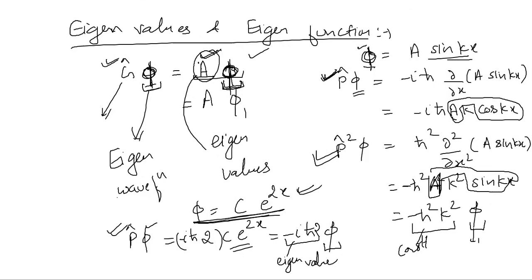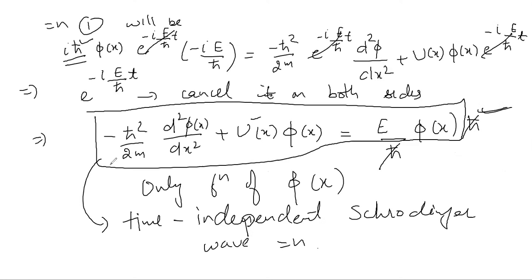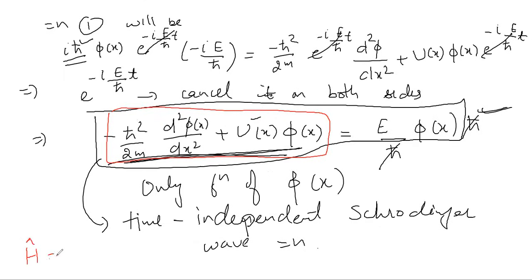Now let's talk about something we said. If you go to the previous slide and look at the left hand side portion here, this is called your Hamiltonian operator, which is going to be given by this term.